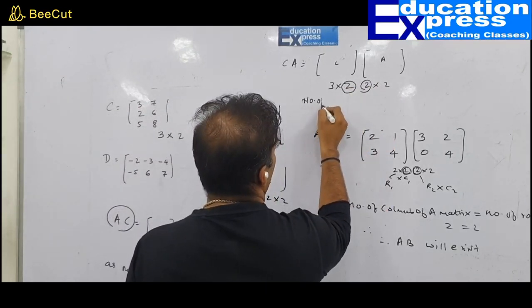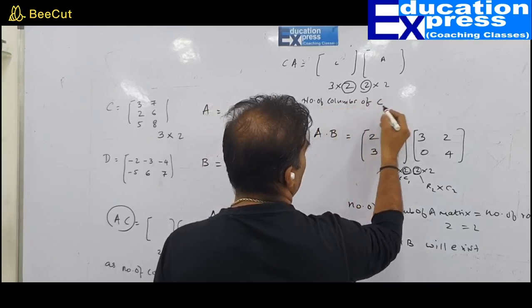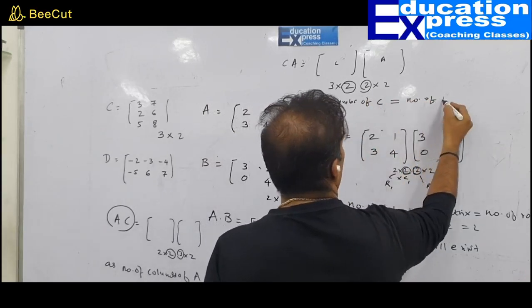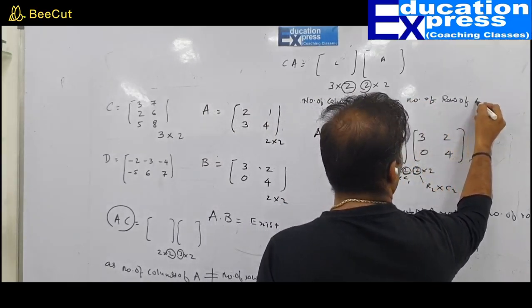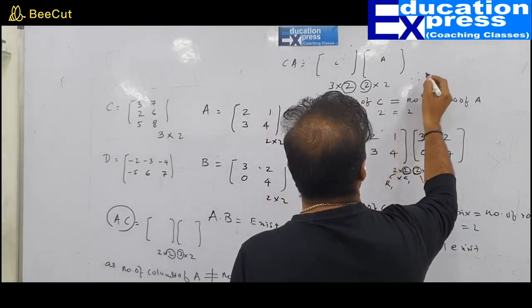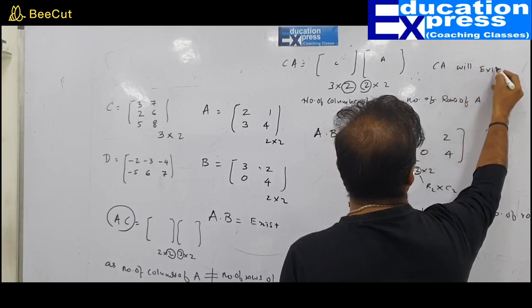So the number of columns of C is equal to the number of rows of A, which is 2 equals 2. Therefore, CA will exist.